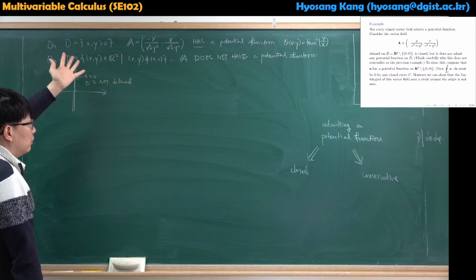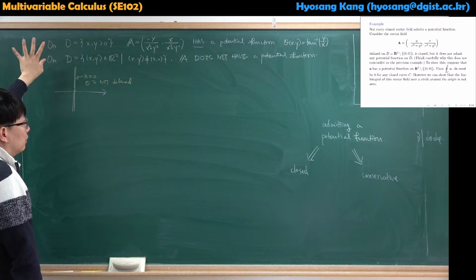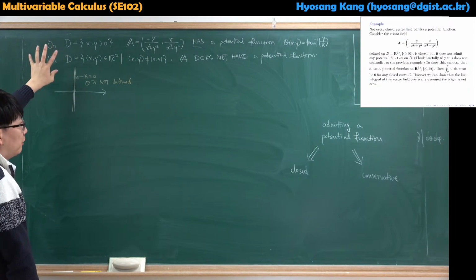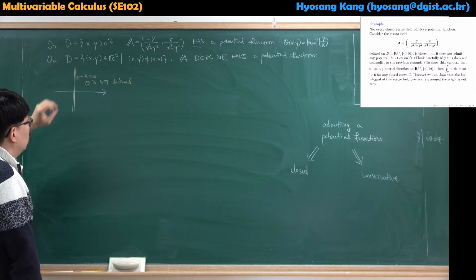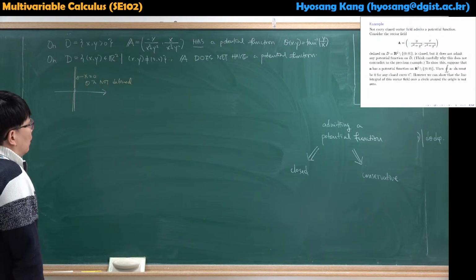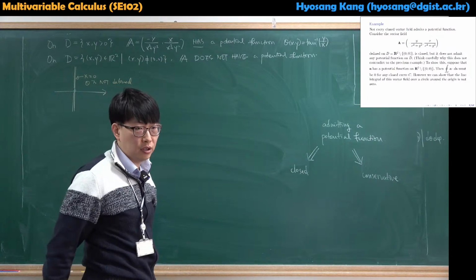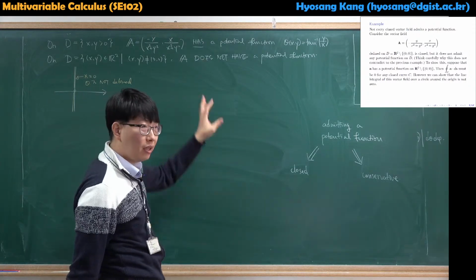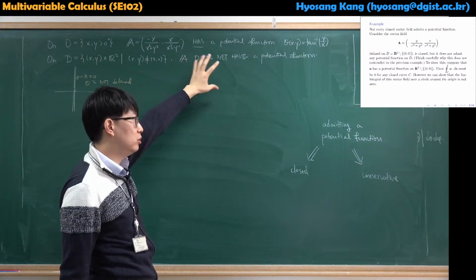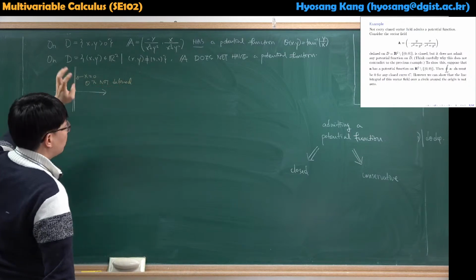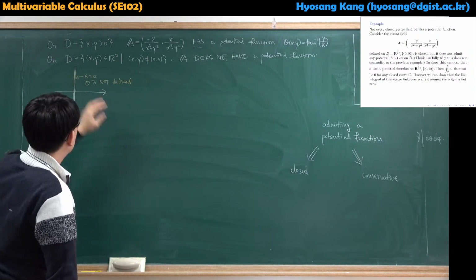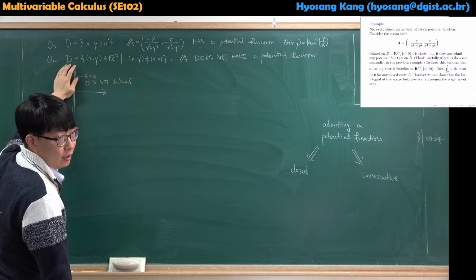So you might try to use another inverse trigonometric function to measure the angle. You may try, but I'm telling you that it does not have a potential function either. Anyway, in any method you choose, your angle doesn't serve as a potential function defined on this entire domain D.